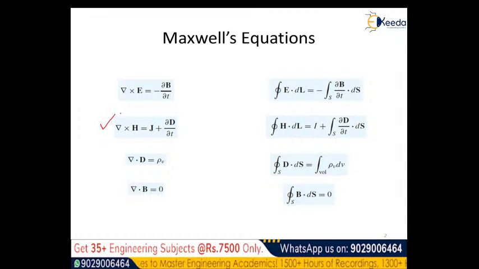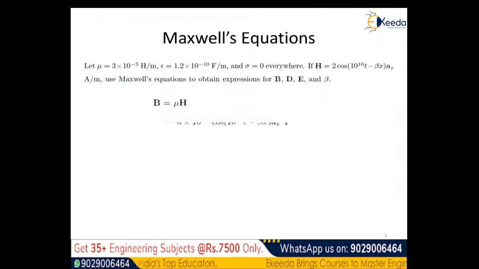So this is the equation. When we put sigma equal to 0, conductivity equal to 0, J, which is basically equal to sigma into E, is equal to 0. So we have to discard this. According to this Maxwell's equation, del bar cross of H bar will be equal to del D by del T. Moving further, this was our problem statement.